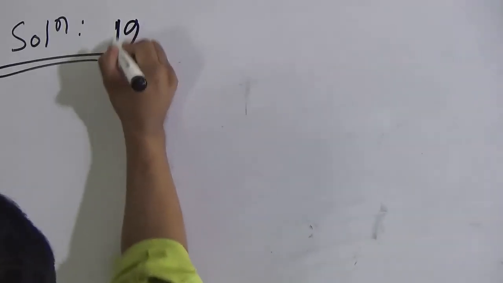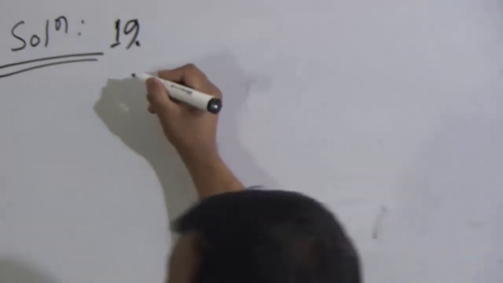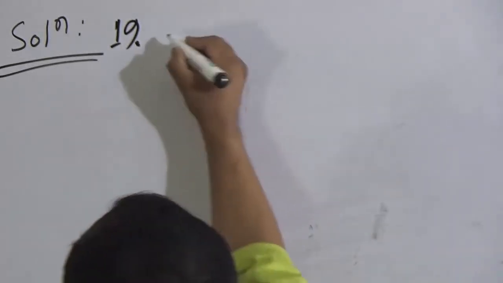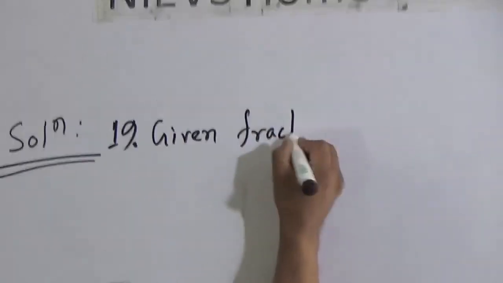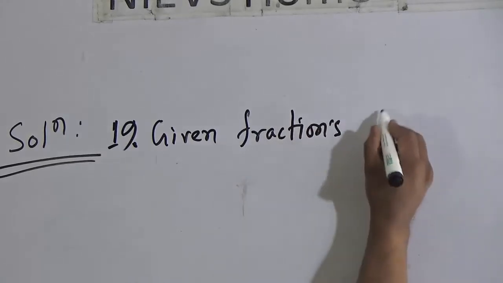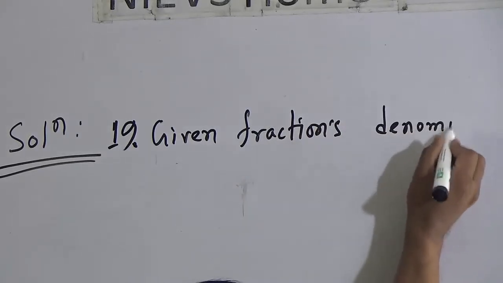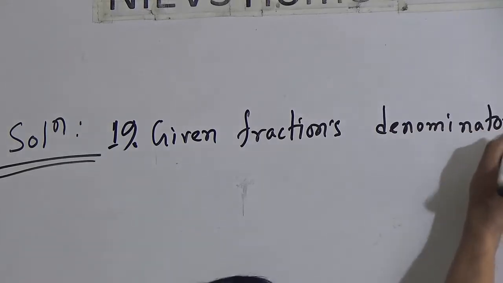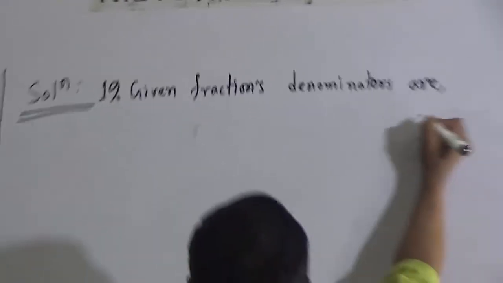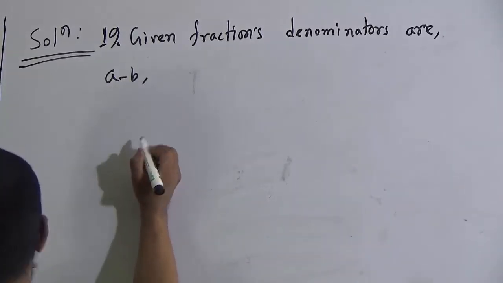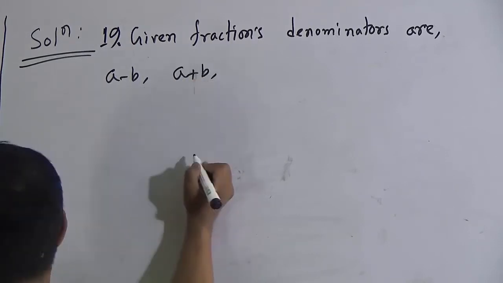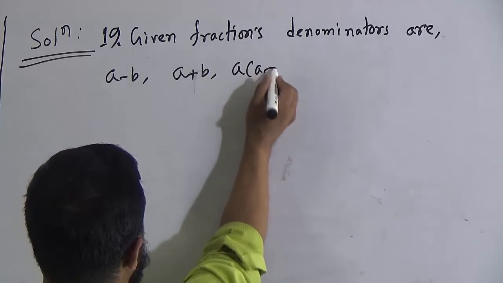We can write down the given fractions' denominators are a minus b, another one a plus b, and the last one is a into a plus b.